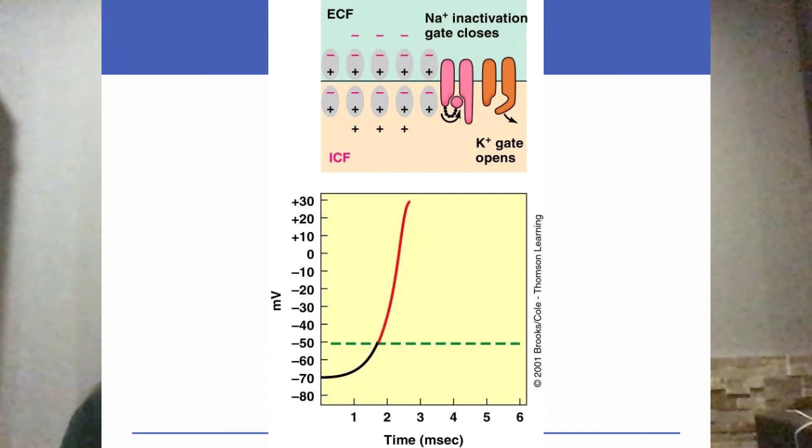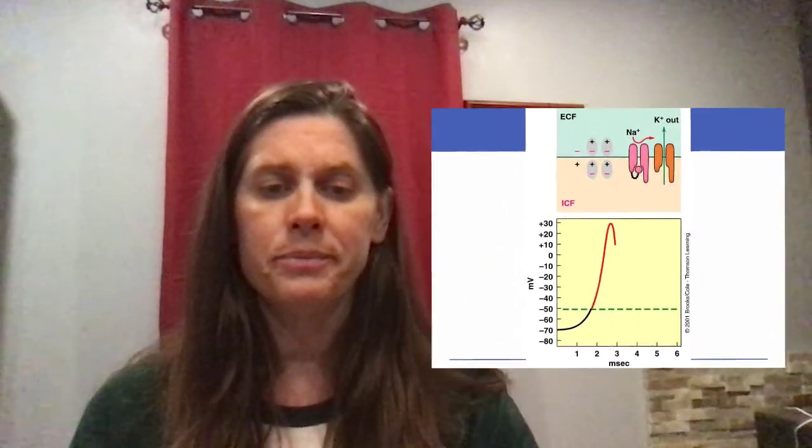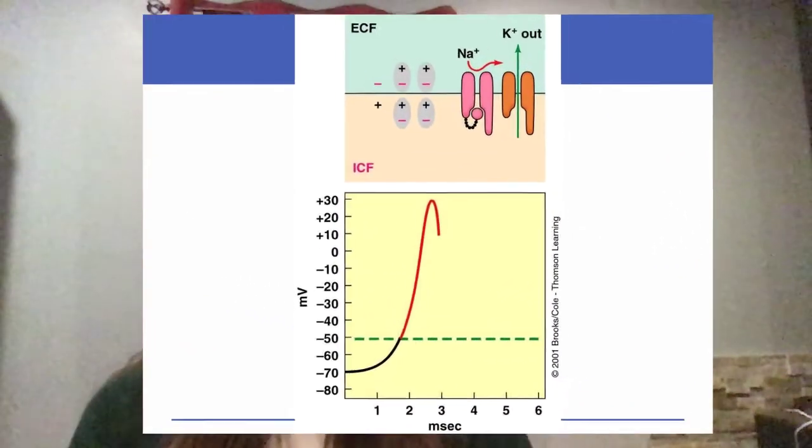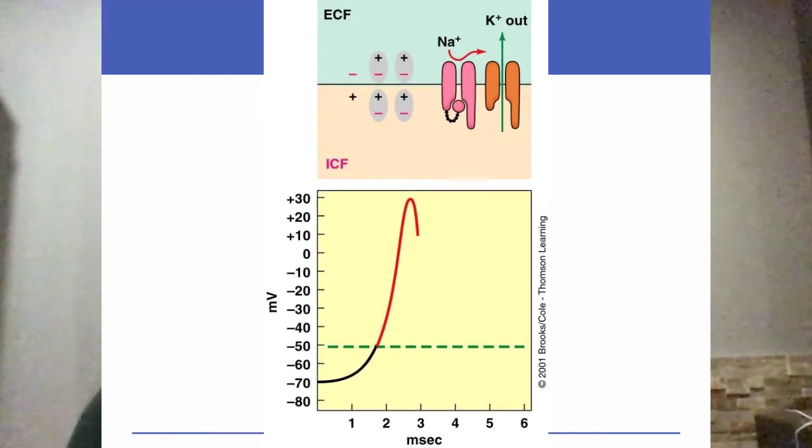At the same time, you see our potassium voltage-gated channel is opening. Again, that one also was stimulated at threshold, but it took about 0.5 millisecond for it to finally open. As it opens, potassium now can move out.